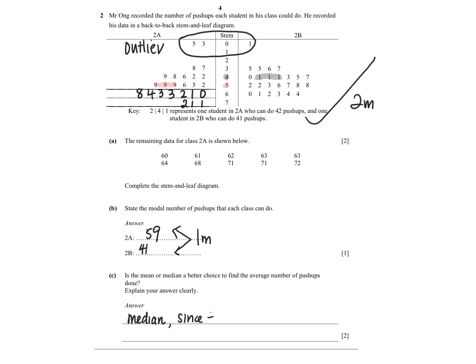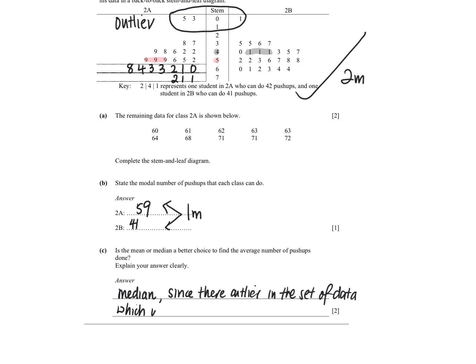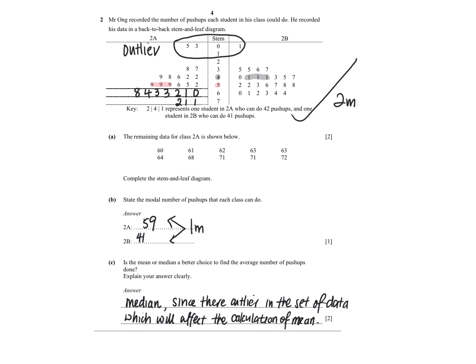Okay, since there's outlier data in the set of data which will affect the calculation of mean. So if you want to describe how it affects the mean, most of your data are here.